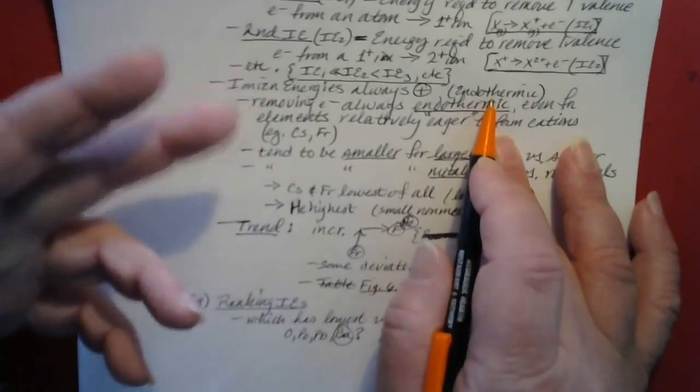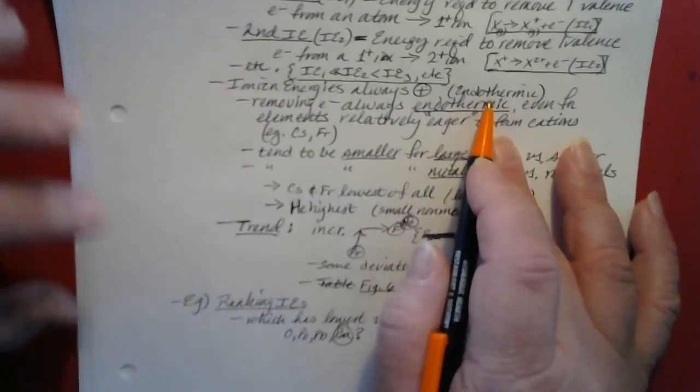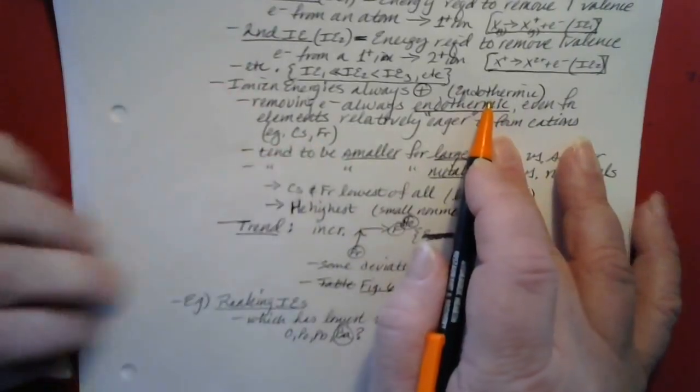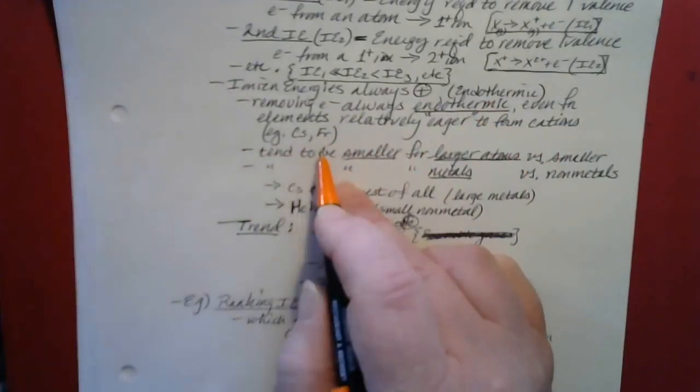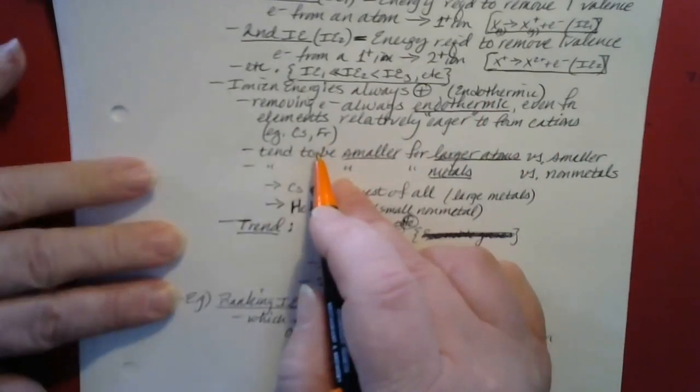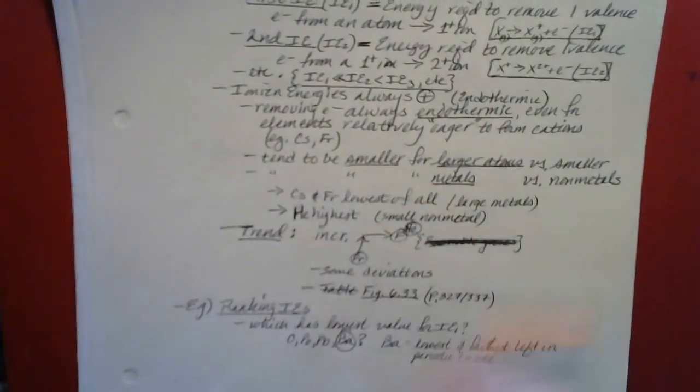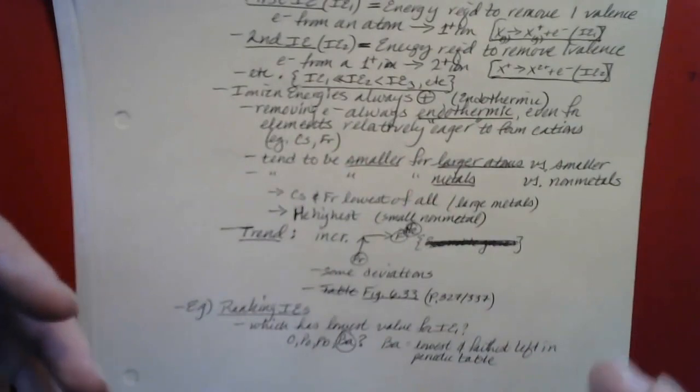That is, you have to put energy into it, even if it's an element like cesium or francium that forms cations pretty easily. You still have to put some energy in to take those electrons away. As a result of taking the electron away, you may gain an amount of stability that is greater than the amount of energy you had to put in, but you still have to put energy in.